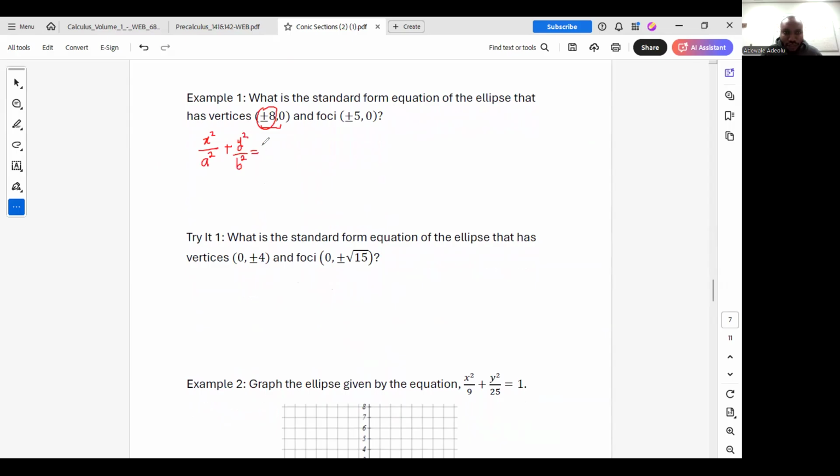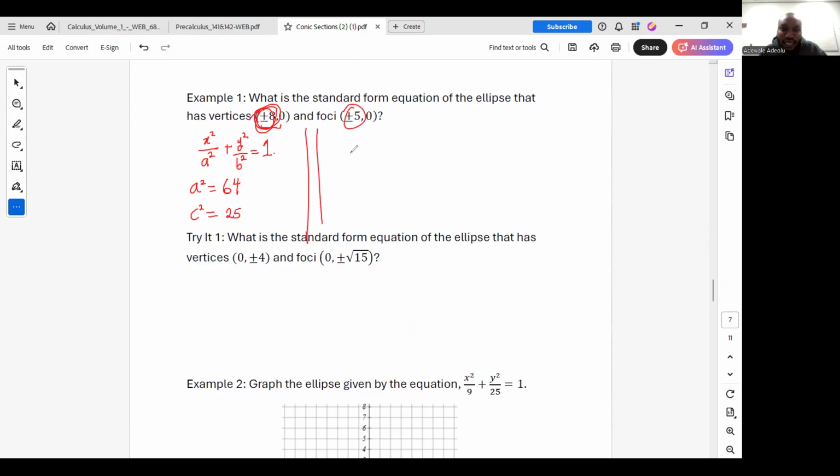A will always tell the story of where I have my major axis. So A squared is 64. I don't have B, but I have C, the foci. So C squared is 5 raised to power 2, that is 25.